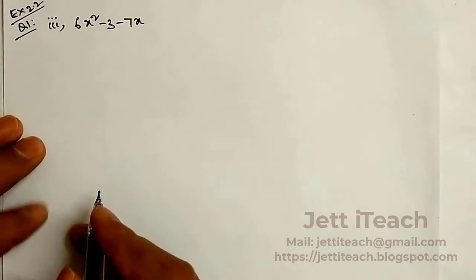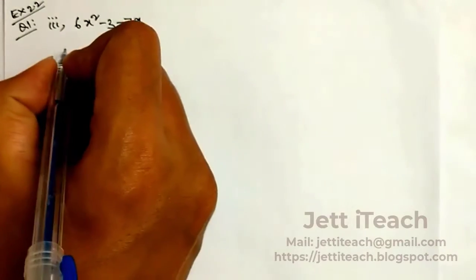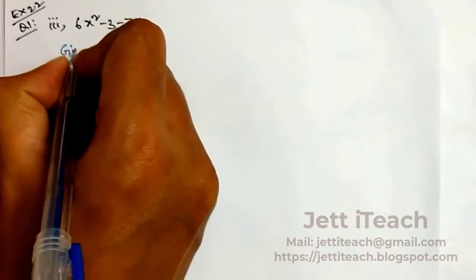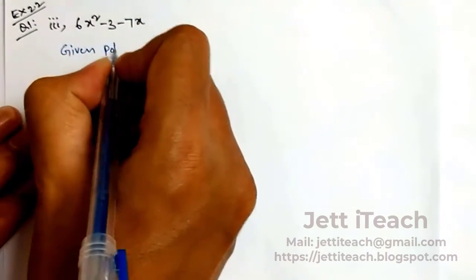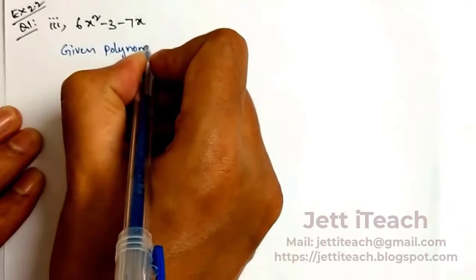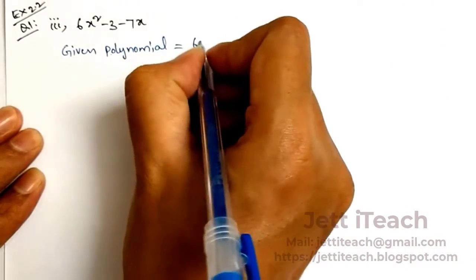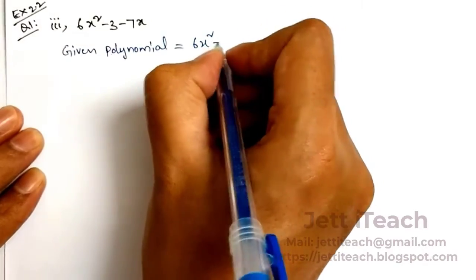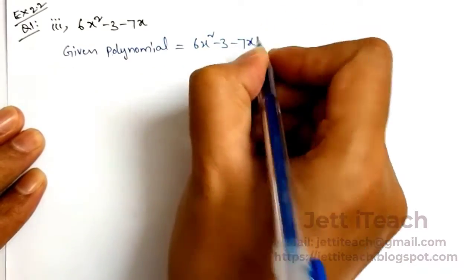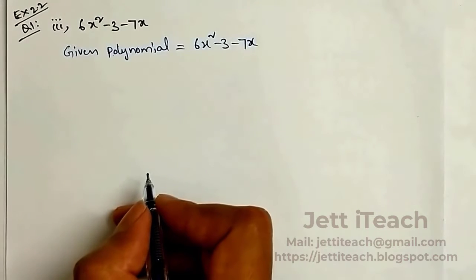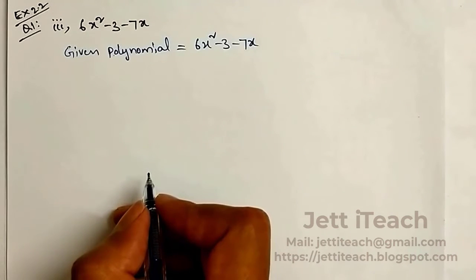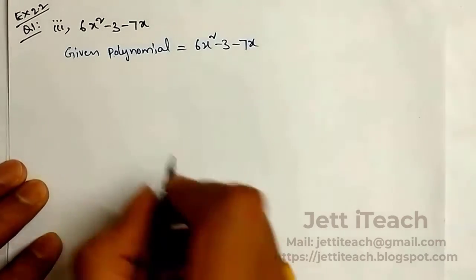First I will write the given polynomial. To find the zeros, you can assume the value of this polynomial is 0.